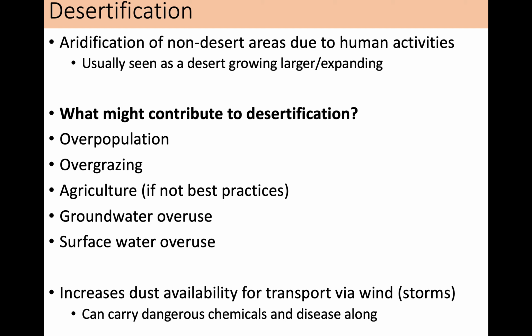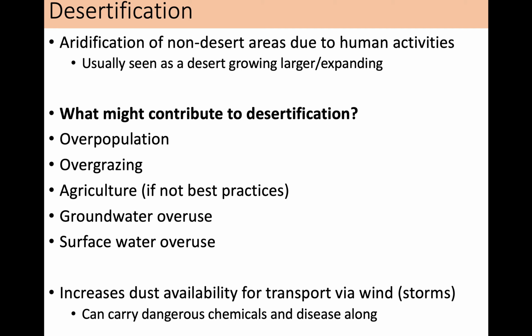So this is not great because we're ruining the ecosystem that is there, turning it into desert, and also we're increasing the availability of dust. So now if we're growing the area of desert, we're growing the area of dry dust, ready to be moved by wind, ready to be moved by windstorms. This can be really dangerous for us because it can carry really dangerous chemicals and disease.